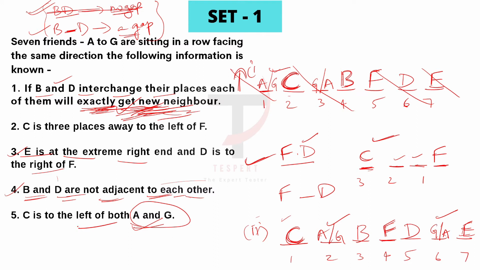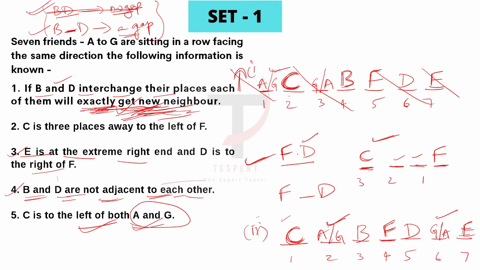Alright, so this is the solution, and kindly never fix the place, right? Never fix it like this. A is here, G is here, or G is here, A is here. Don't take it for granted. Just leave it like this, because in the options, while solving the set, there will be an option like cannot be determined, right?